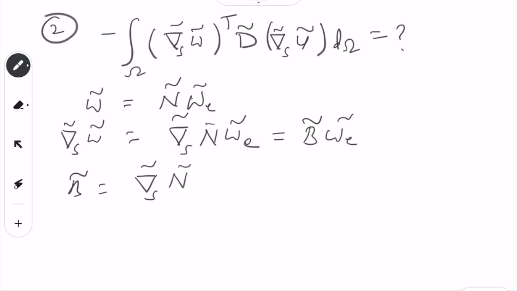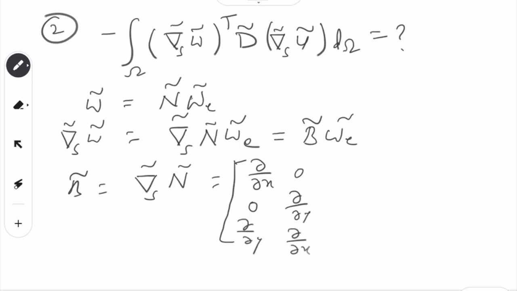What is the meaning of this? This one we know is of this type. They will have del over del x, 0, del over del y, then we have del over del y and del over del x.